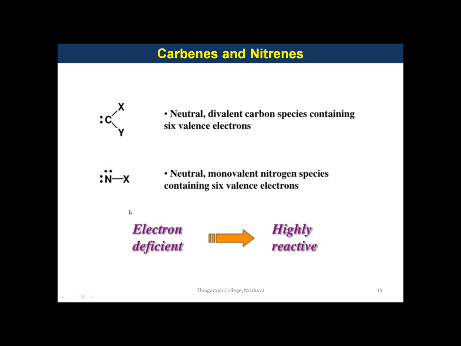Nitrenes are considered as the nitrogen analogues of carbene. It is monovalent and has 2 unshared pairs of electrons on nitrogen atom. Both are electron deficient and highly reactive species. We will discuss in detail in some other video about carbenes and nitrenes.